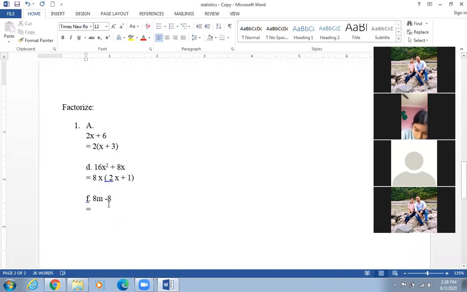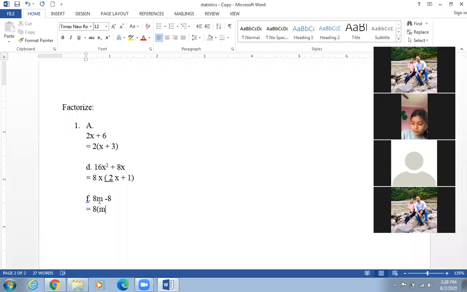Okay, 8 and 8. What is the smallest? Which one is the smallest number? 8 is the smallest. Okay, both are 8. So let us write 8 as the common number. Bracket. Okay, so m is there. There is no m in the other term. That means nothing else is common over here, just 8 is common. Okay, so out of 8, what is left over here? M is left.